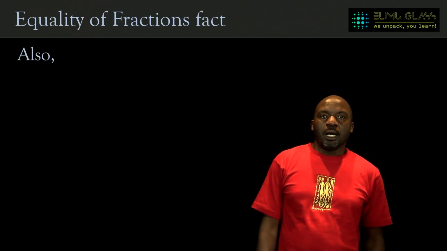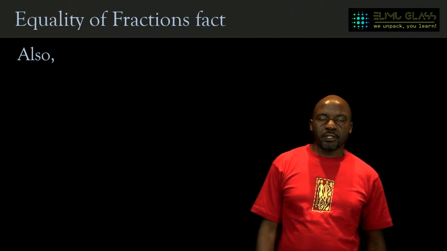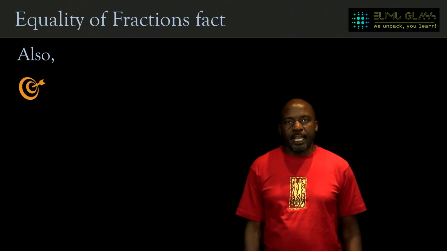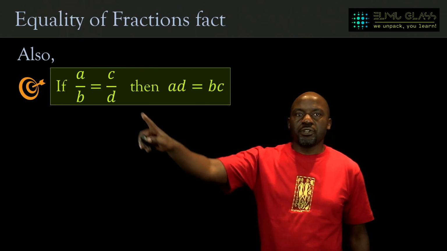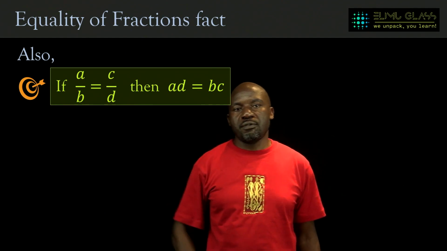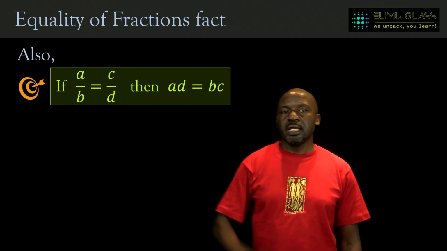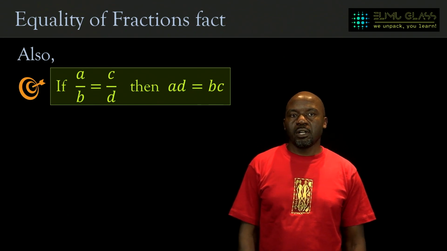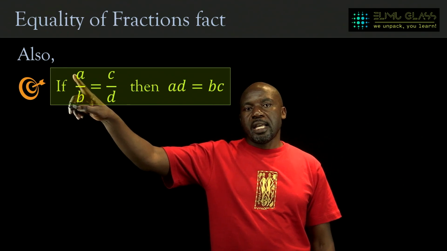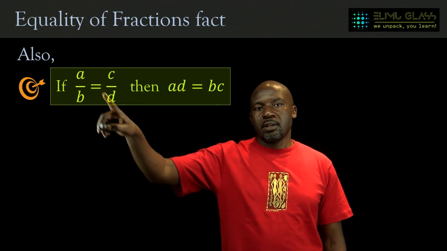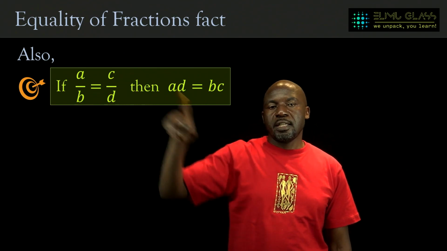Okay? What about the idea of equality of fractions? So we say, if some fraction a over b is equal to another fraction c over d, then we can use something called cross multiplication, which is to say we can multiply a and d on one side, and multiply b and c on the other side.